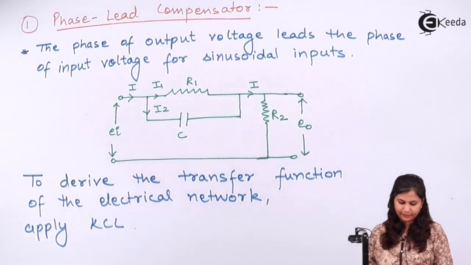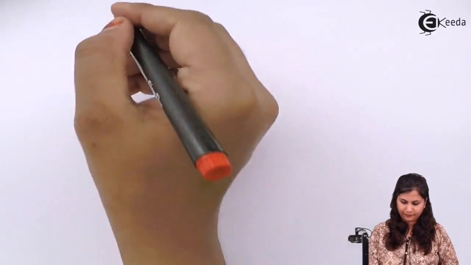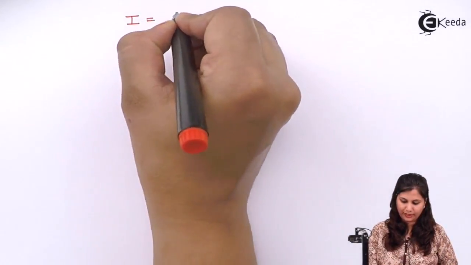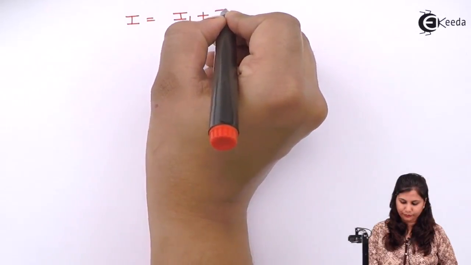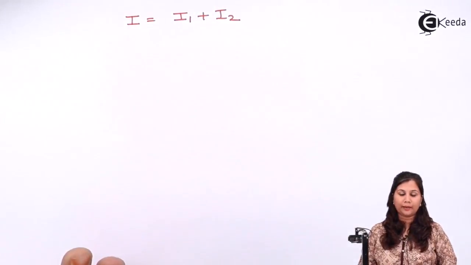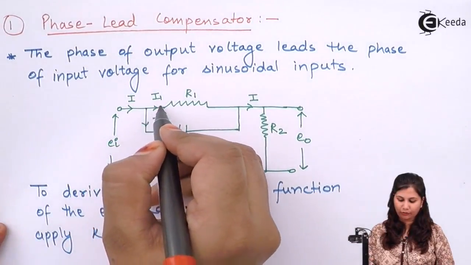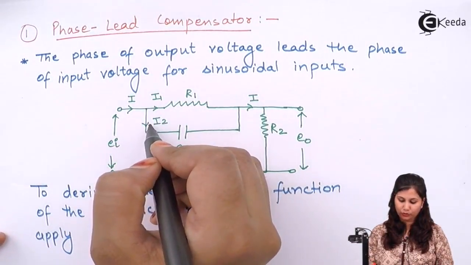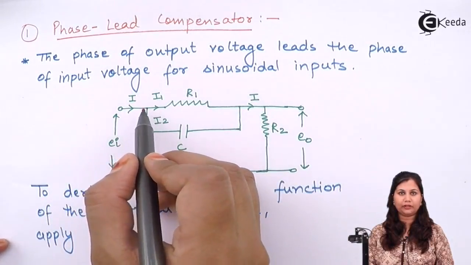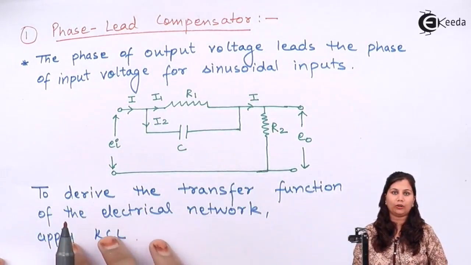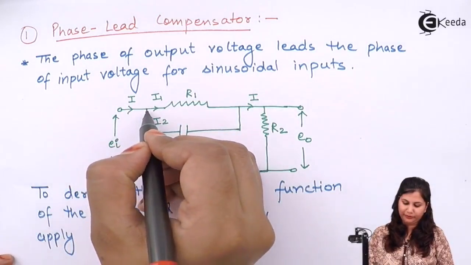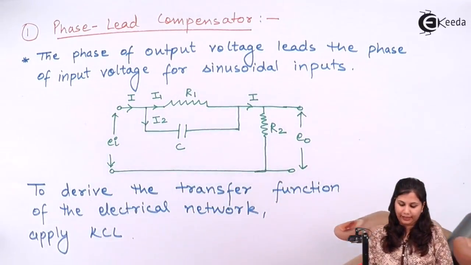So we will get I equals I1 plus I2, because at this node the incoming current is I and the outgoing currents are I1 and I2. So the incoming current will be equal to the sum of the outgoing currents.